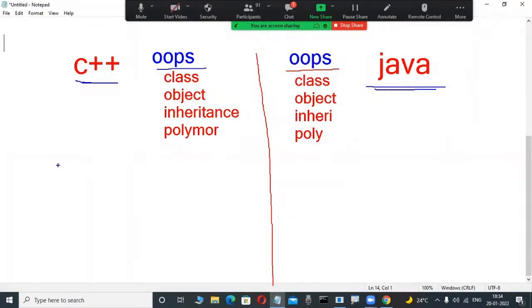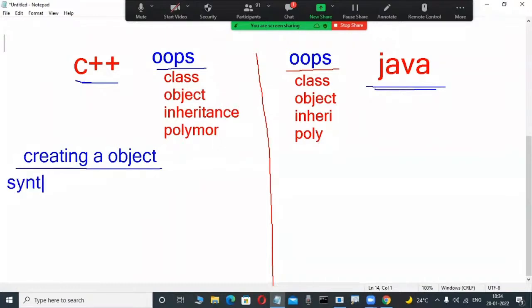Can anybody guess? Suppose in C++ I want to create an object from the class, what is the syntax? Any technical persons having an idea? So many persons have an idea, I think. Creating an object from the class, what is the syntax in C++?